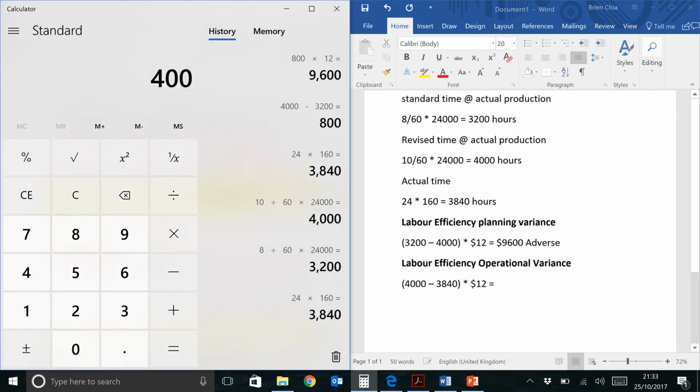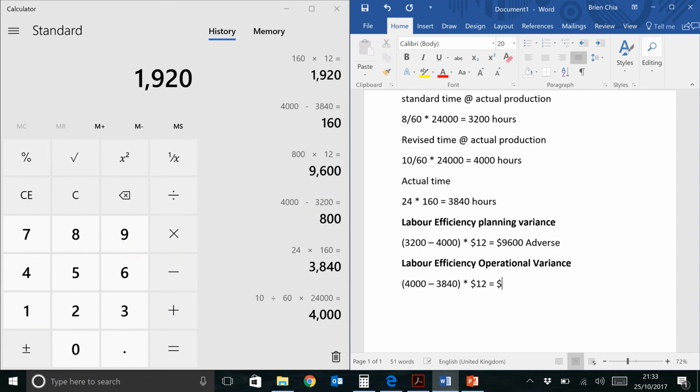So let's take 4,000 minus 3,840, then multiply by 12. So you will get $1,920 favorable. The reason why it's favorable is because the actual time is less than the revised time. That means you actually save a bit of time, you save a bit of cost.